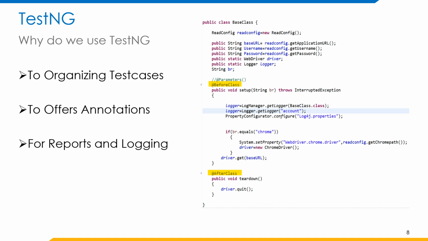This combination of Selenium and TestNG helps in efficient and structured automation testing, enabling testers to create, manage, and execute test cases reliably. Generate HTML reports showing test execution details. In the next slide, let's discuss about Maven and why it is used in automation.